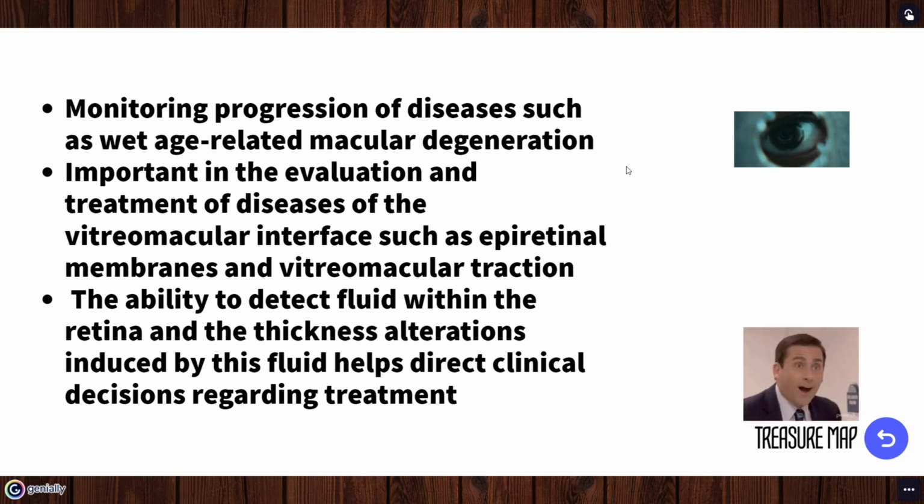Evaluation of the vitreoretinal interface using OCT is important in the evaluation and treatment of diseases of the vitreomacular interface such as epiretinal membranes and vitreomacular traction. In addition, optic disc morphology and retinal nerve fiber layer thickness measurements using OCT monitor the progression and help quantitatively assess the treatment response in patients with glaucoma.